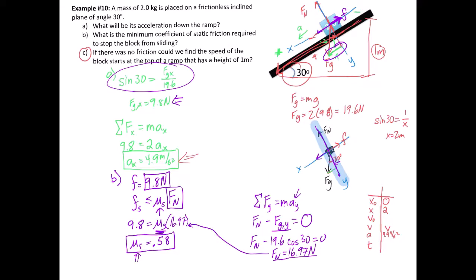We know that if it starts at the top of the ramp, it doesn't say it starts at rest, but if we know that it starts at rest, then yes, we should be able to answer this, right? We'd have enough information if we know the initial velocity that we could calculate the final velocity.